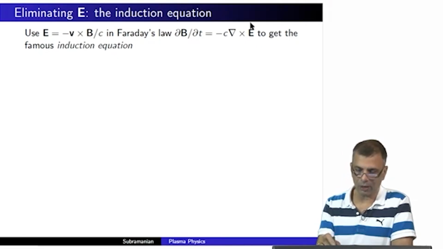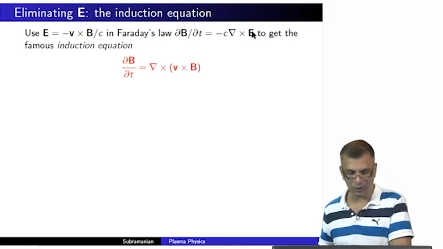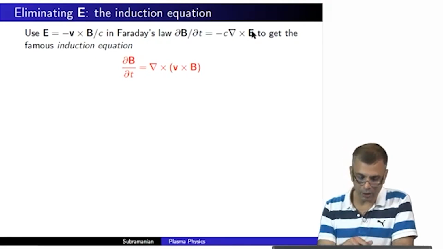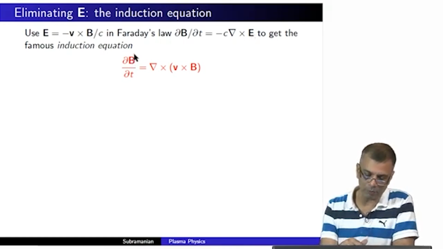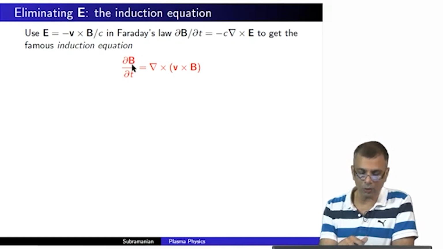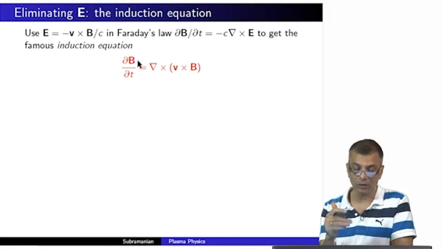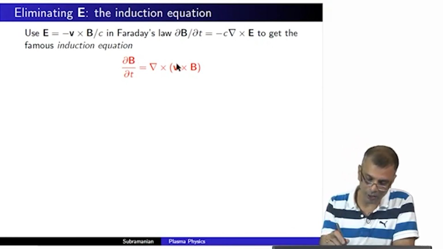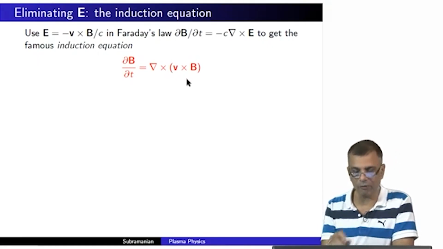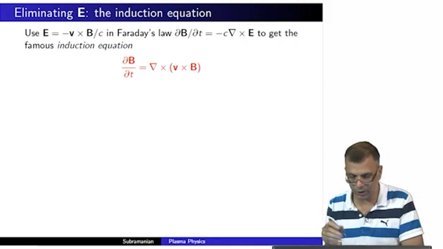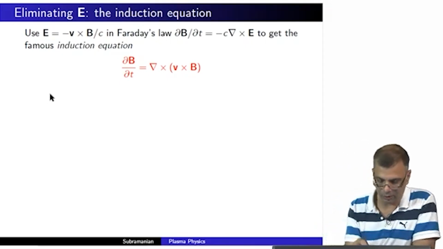So, to eliminate this E in order to get what is called the induction equation, which gives you the time evolution of B. There is only B you see in this equation, there is no E at all. So, given a certain velocity field, this tells you how the magnetic field evolves. That is what this equation is telling you.